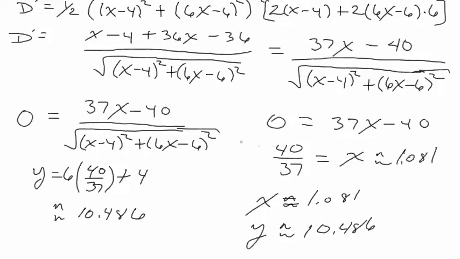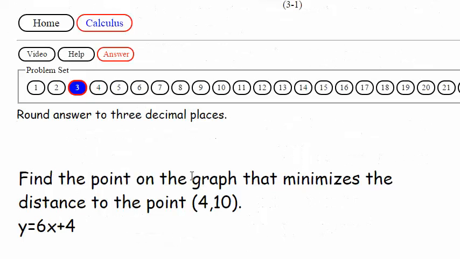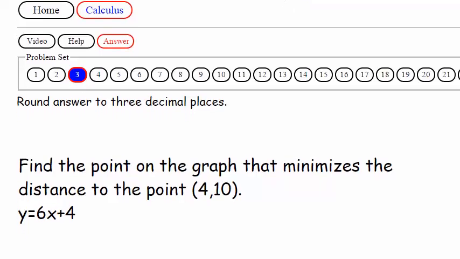Now remember, to be sure that it's a minimum, we do our number line, but I'm skipping that. You can work on that yourself, okay? Put your critical number here, which happens to be this guy right here, 40 over 37, and then do a test point, make sure that this is a minimum. I'm going to tell you it is, but in the real world, when you work your own problems and you're not sure that it's a minimum, that's what you want to do.